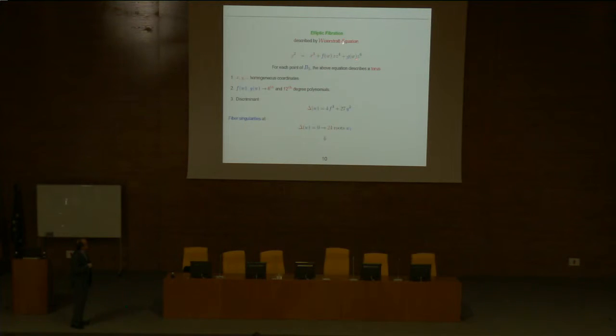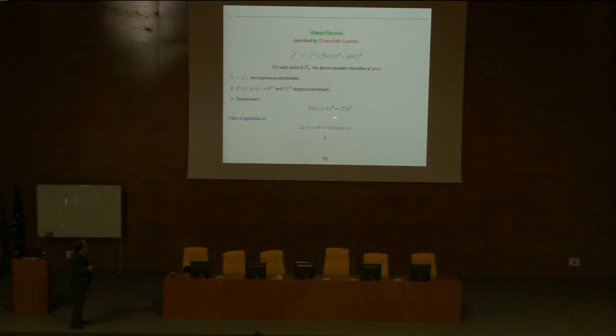Now this is the fibration that we just described, and it is described properly with the Weierstrass equation, which is given in terms of the x, y and z homogeneous coordinates and f and g functions, which have certain properties. And the discriminant of this Weierstrass equation, which defines the elliptic fibration of the space that we just discussed, is given by these functions.